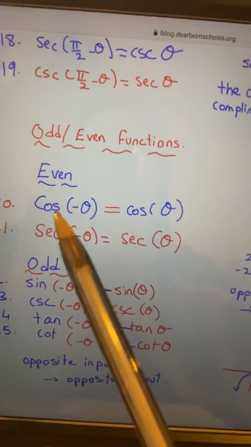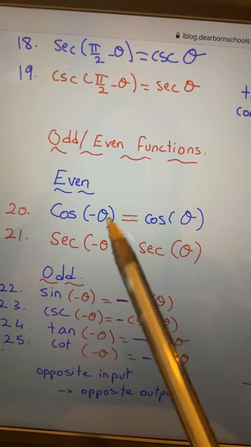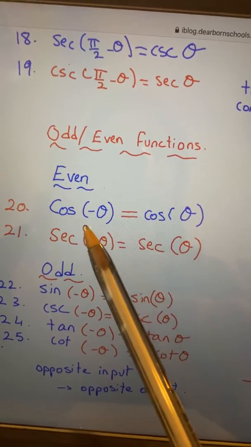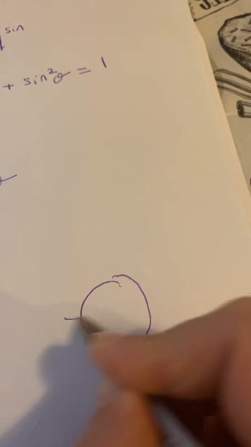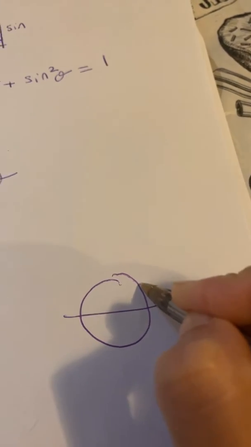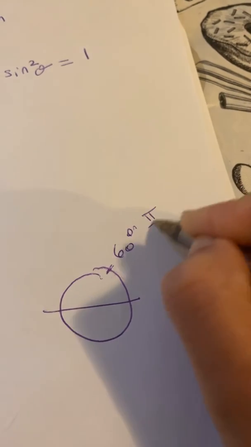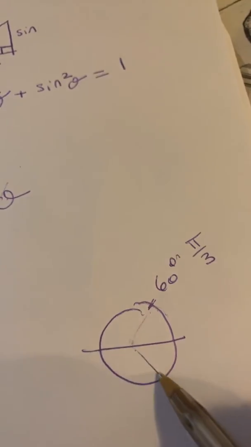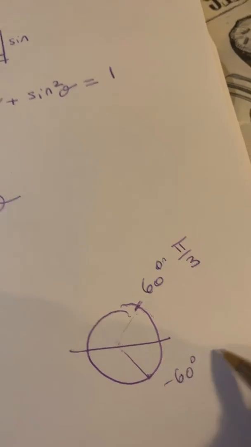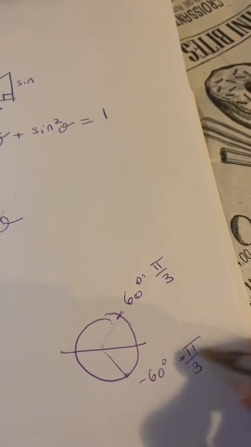So that's why the cosine is similar. If I say cosine of 60 degrees or cosine of negative 60 degrees, those two angles have the same cosine. And I'm gonna just remind you, we did the unit circle, and I'm gonna take 60 degrees, which is pi over 3, and I'm gonna take the negative 60 degrees. If you guys remember, going clockwise will give you the negative radian.